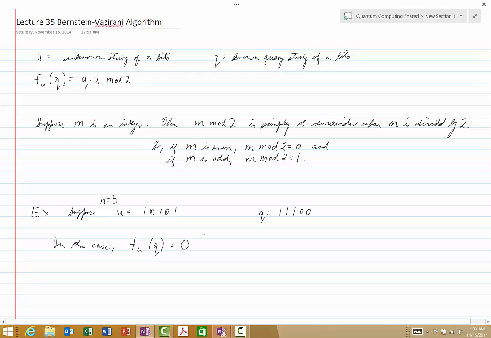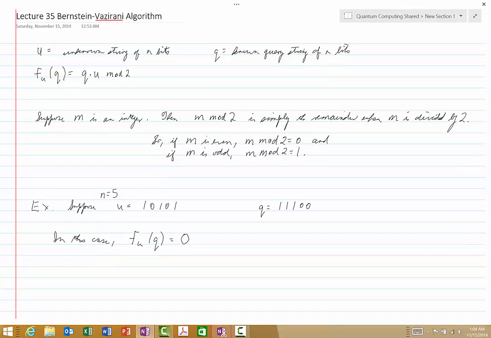They both have a 1 in the first position, and they both have a 1 in the third position. So the number of positions in which they both have a 1 is 2, and 2 mod 2 is equal to 0. That is, when you divide 2 by 2, you have a remainder of 0. Or another way of saying it is 2 is an even number. However you wish to look at it, you end up with the result that f sub u of q is equal to 0 in this case.